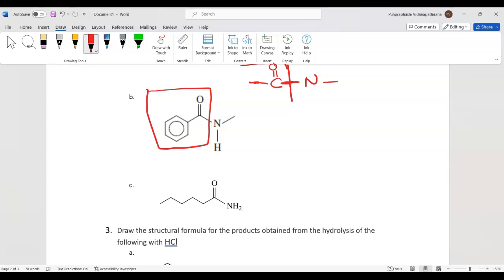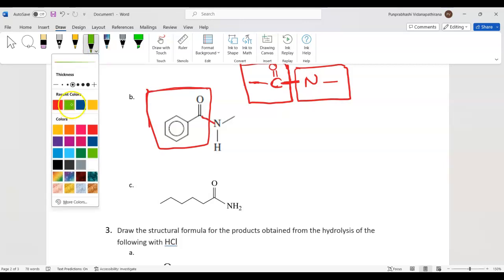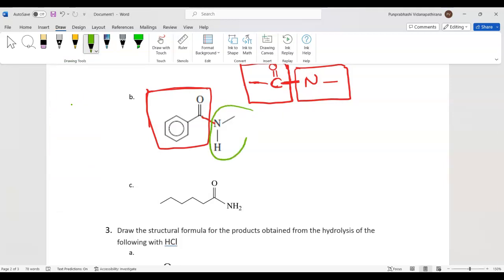You have to split the carbon-nitrogen bond, and the fragment with the carbonyl group is the carboxylic acid fragment, and the fragment with the nitrogen atom is the amine group. That's why I'm splitting this bond from here. So this is the carboxylic acid, and this part is the amine group.